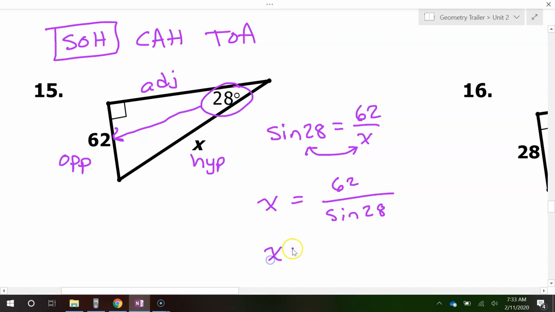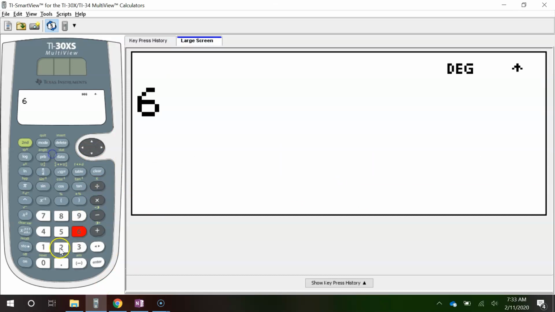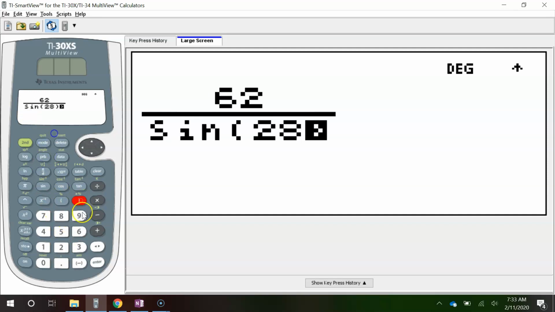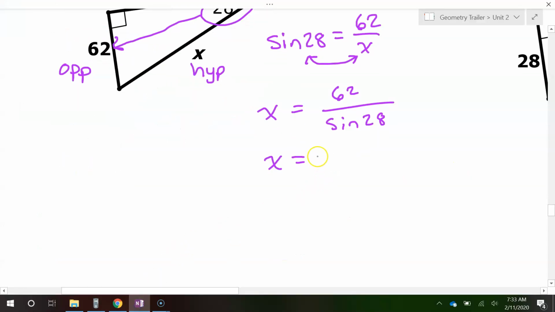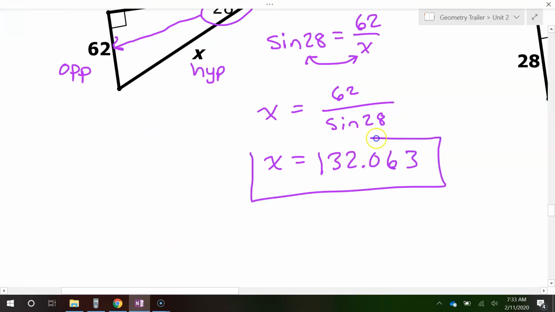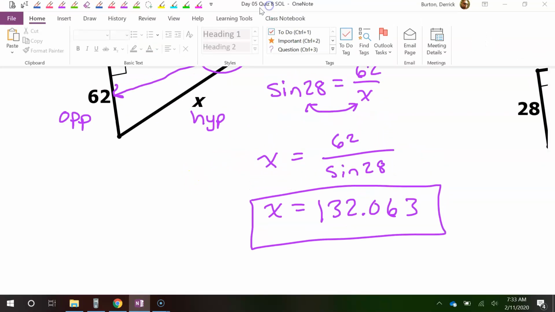And this is just a calculator situation. So 62 over sine 28, that's 132.063. So that is the answer to number 15.